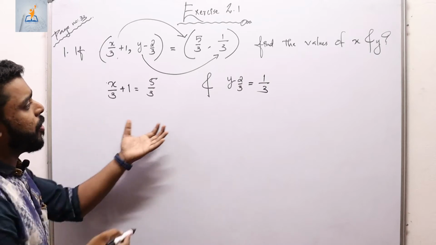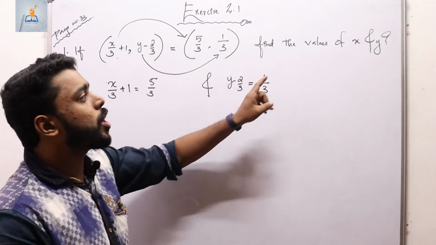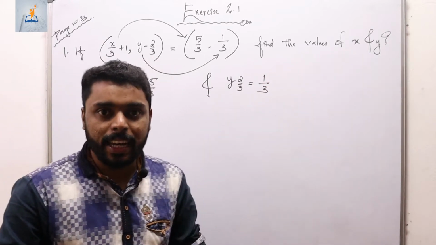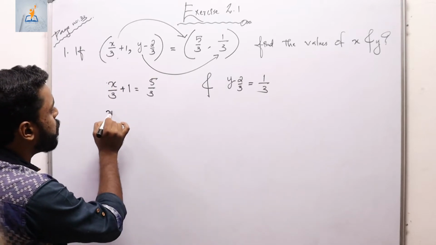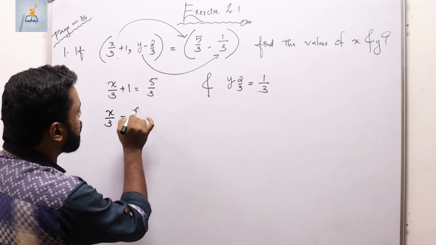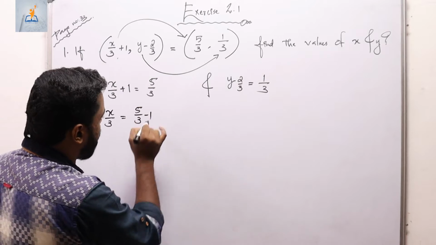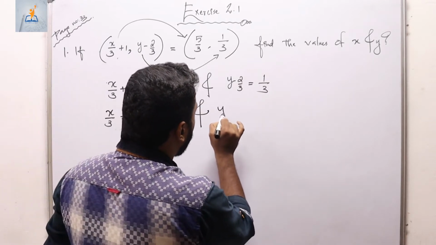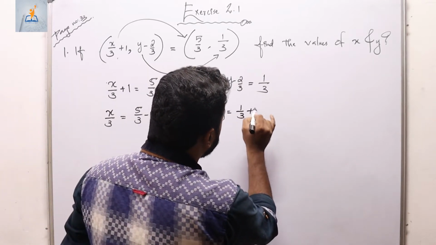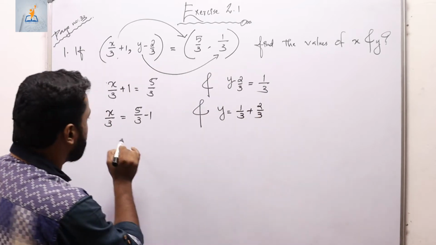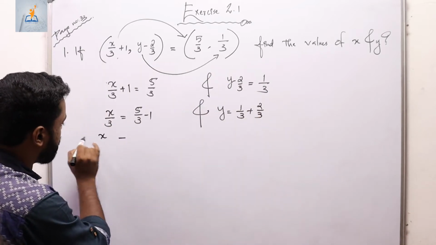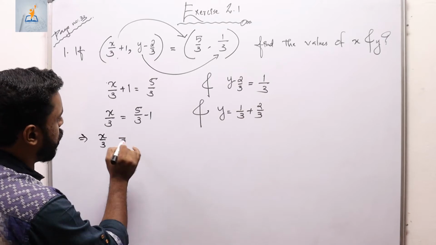Now we can simplify these two relations in order to get the values of x and y, isn't it? So from this we have x/3 is equal to 5/3 - 1 and y is equal to 1/3 + 2/3, which implies x/3 is equal to, what is this?